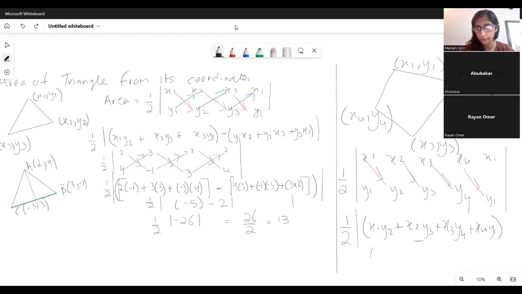I'm out of space तो मैं नीचे ही लिखती हूँ. And then what? Ryan बता सकते हो next part क्या होगा? Yes miss. x2 y1, right? So x3 y2 plus x4 y3 and plus x1 y4, bracket close and modulus close.